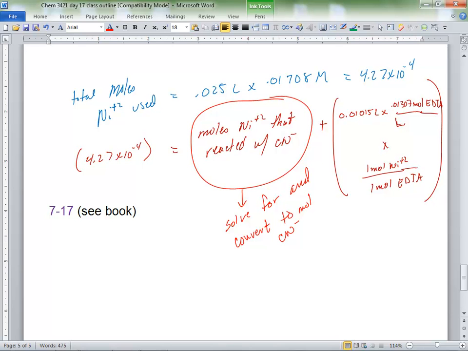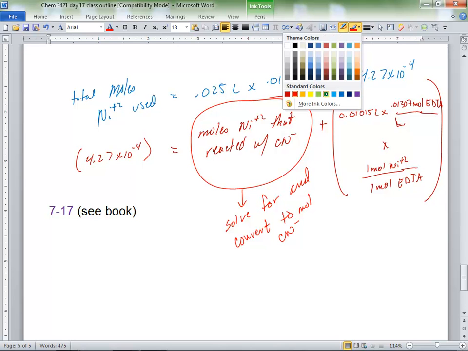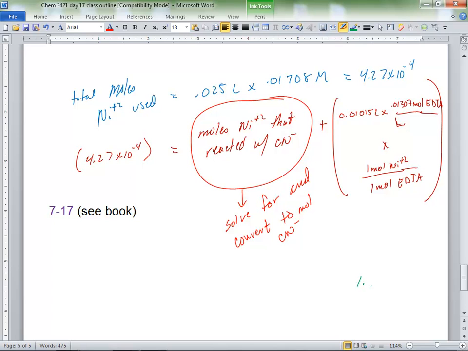This number right here is 1.33 times 10 to the negative 4, and 4.27 times 10 to the negative 4.